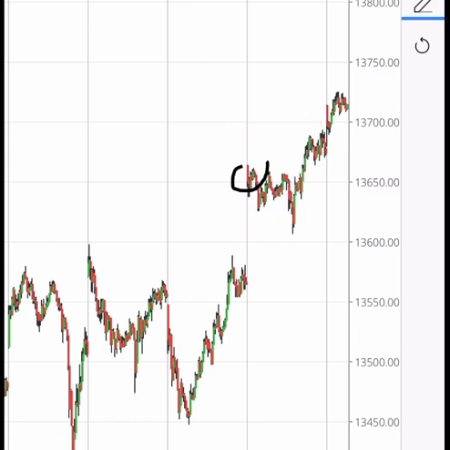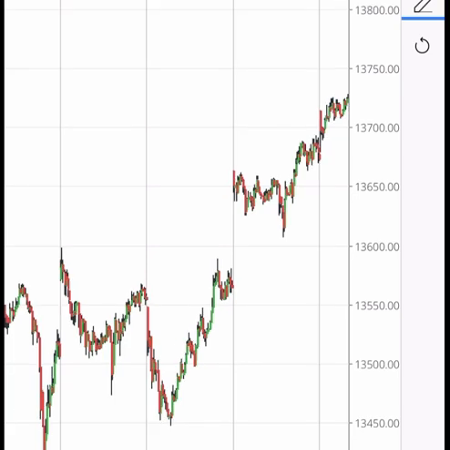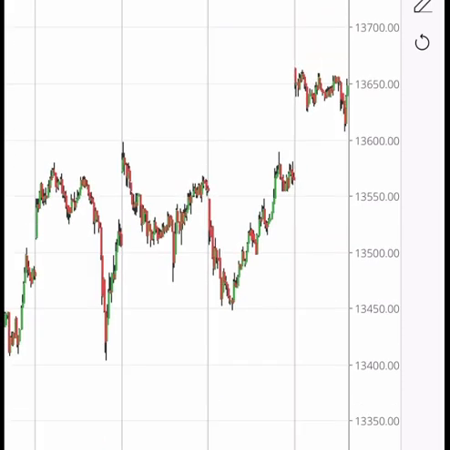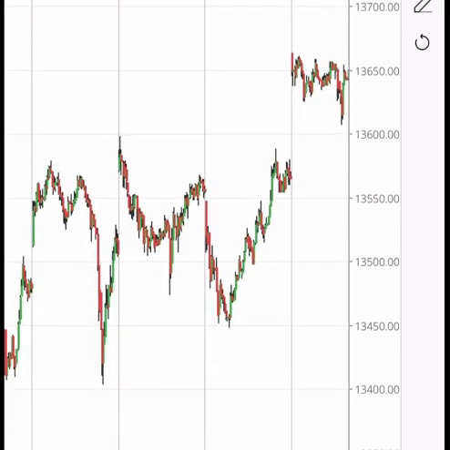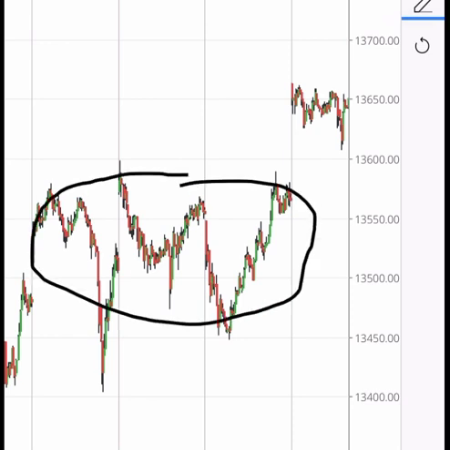The reason is we have to check how the market behaved in the past trading sessions. As we can see here, the market in these days was trading sideways only, within the range of 50 to 100 points, and it looks like a tight range bound.